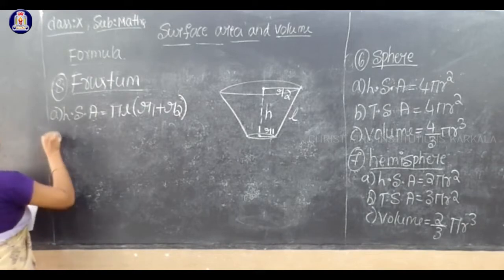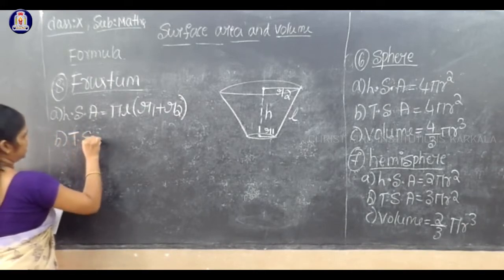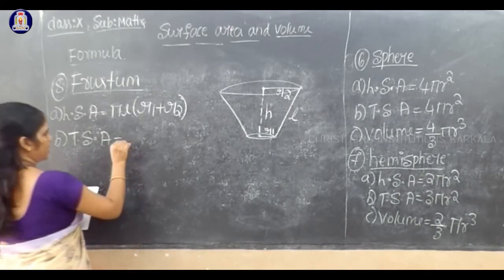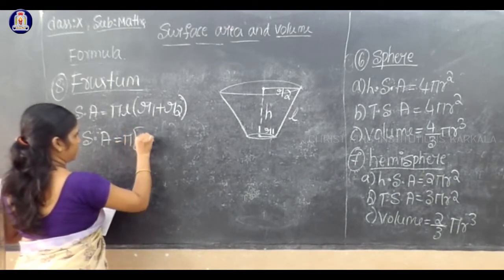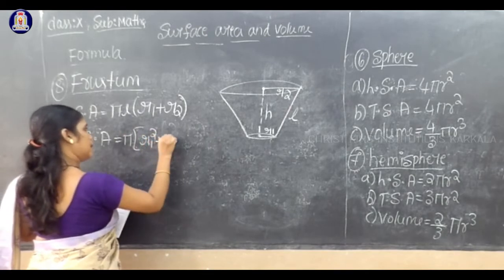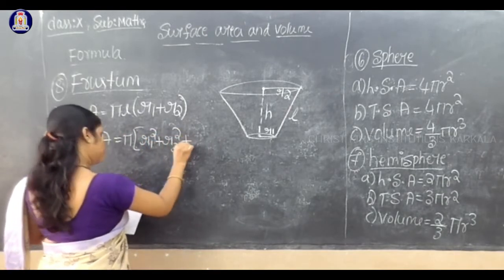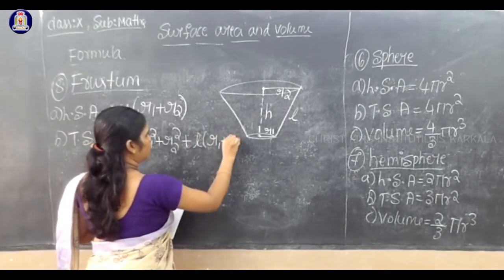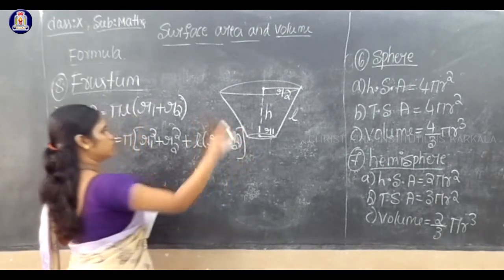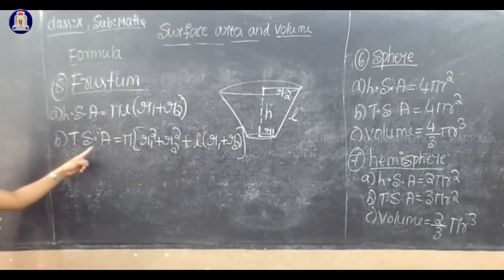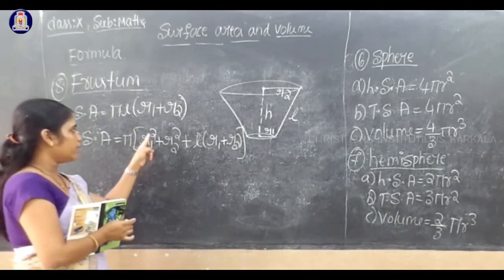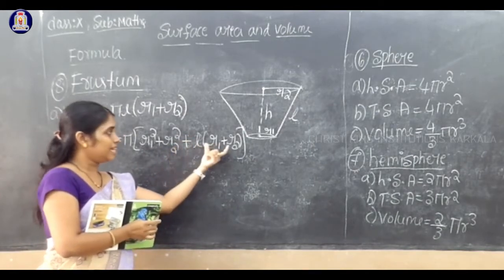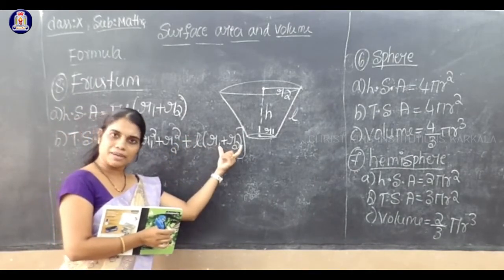Next, second one, TSA. TSA is given by pi into (R1 square plus R2 square) plus L into (R1 plus R2). This is your formula. TSA is given by pi into (R1 square plus R2 square plus L into (R1 plus R2)); L is common for these two, R1 plus R2.